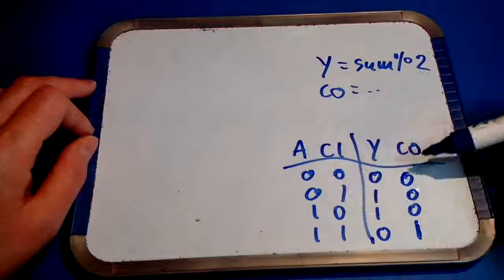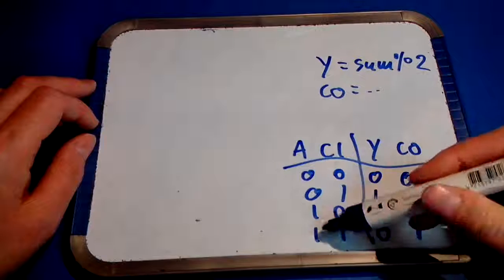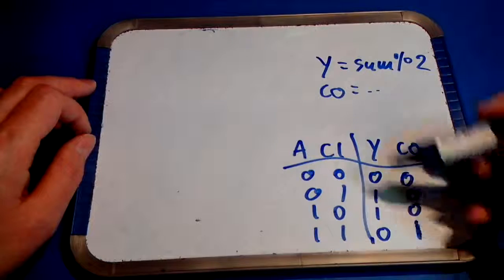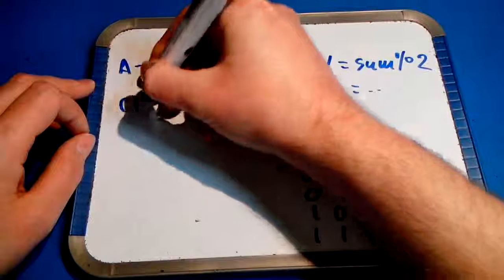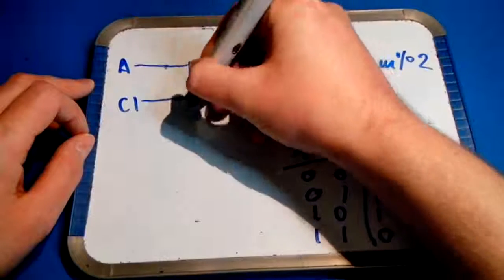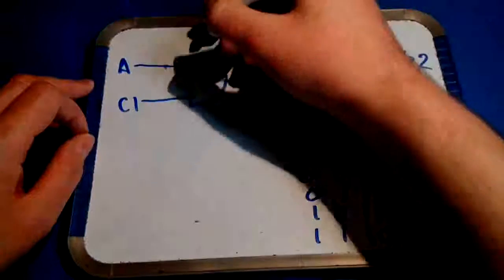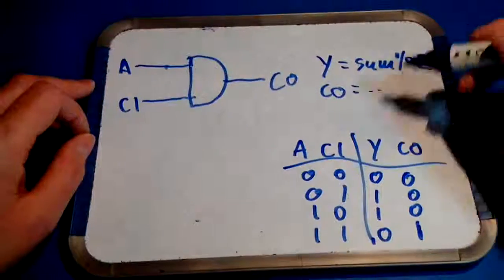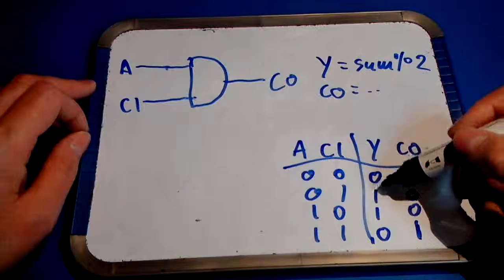So how to make this using gates? Our carry out is very simple. You see, this carry out is simply A and carry in. So let's draw that. A and carry in, simple AND gate, carry out. Y is, what you see here is an XOR function.